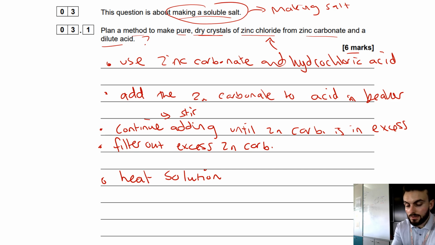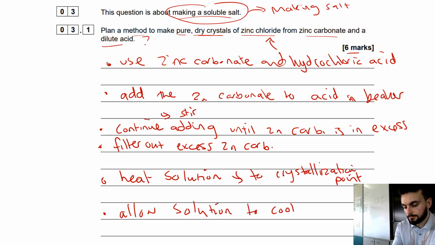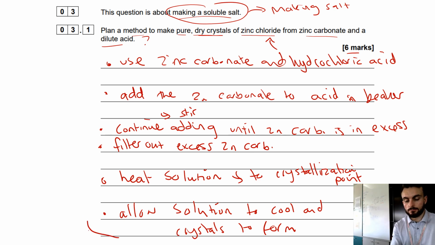So you can even say at this point, to the crystallization point, or until it starts to boil, using an electric heater if you want to be really specific with it, and then allow solution to cool and crystals to form. Done. And then you can even add on the end, pat dry with filter paper, or with paper will do.